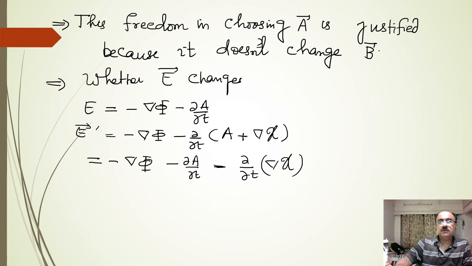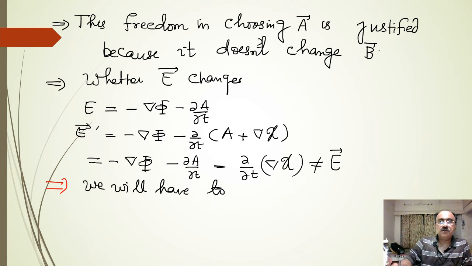So E dash is definitely not equal to E by changing A to A dash. So what we need is, we will have to simultaneously change phi also.